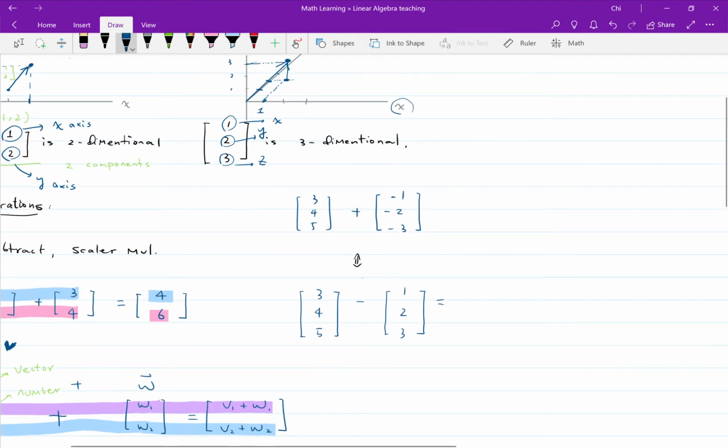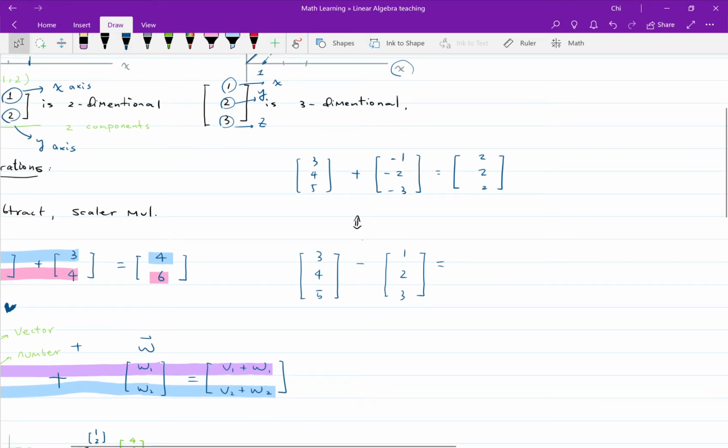So if you apply the addition rule, 3 minus 1 is 2, 4 minus 2 is 2, and 5 minus 3 is 2 as well. So we have 2, 2, 2 at the end. But that's just to show you how you can derive one rule from the other. You can derive the subtraction rule from the addition rule.